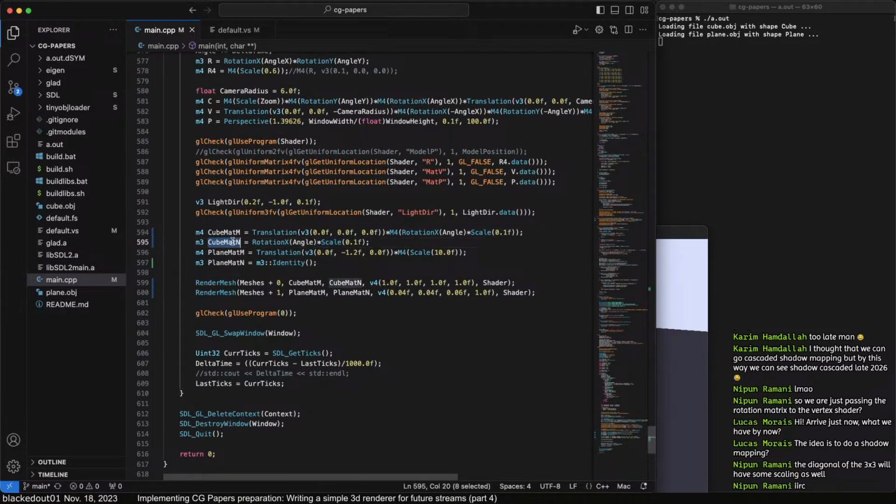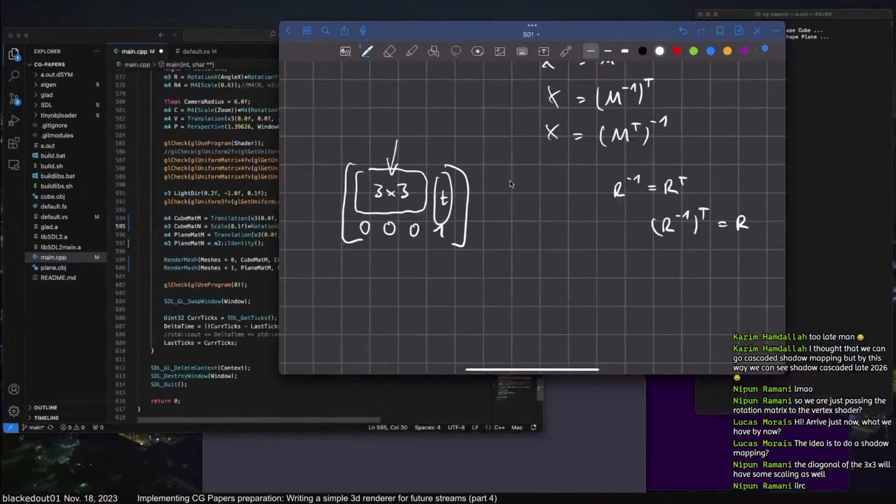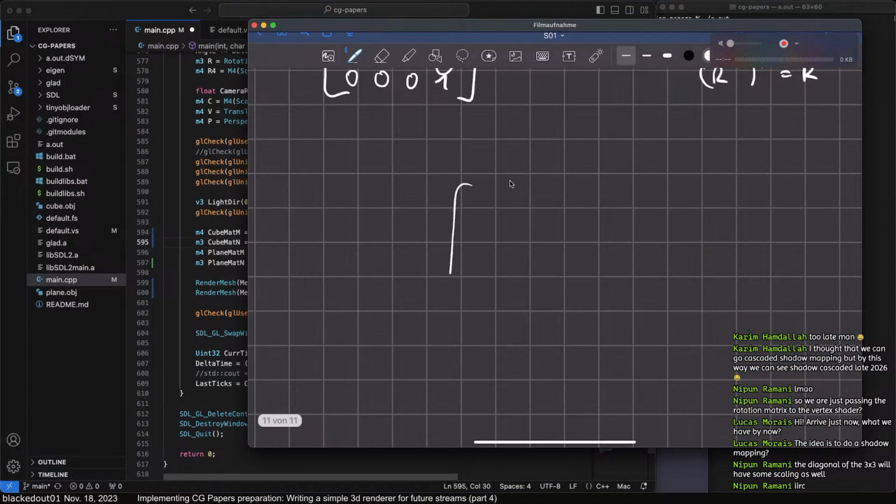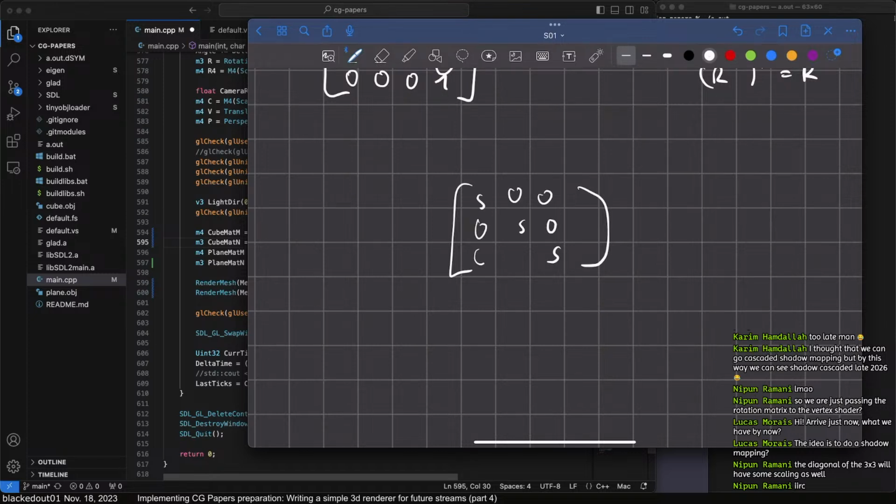Yeah, so if you were to use this matrix here, we would have to now transpose these. So transposing means reversing the order. And transposing the scaling matrix does nothing, because the scaling matrix looks like this, and this here is all zeros. So transposing this does nothing.